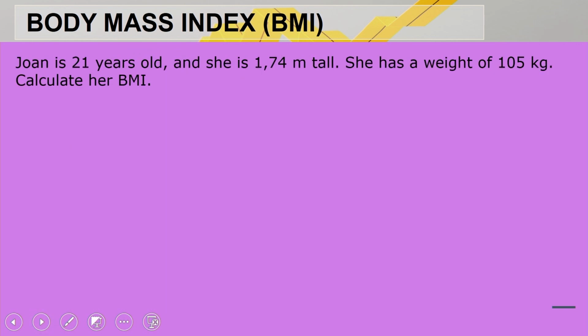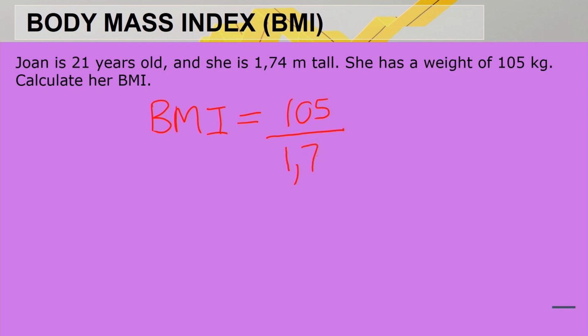Joan is 21 years old and she is 1.74 meters tall. She has a weight of 105 kilograms. Calculate her BMI. So, what is my BMI? BMI is my mass, 105, divided by the length squared, 1.74 meters squared.